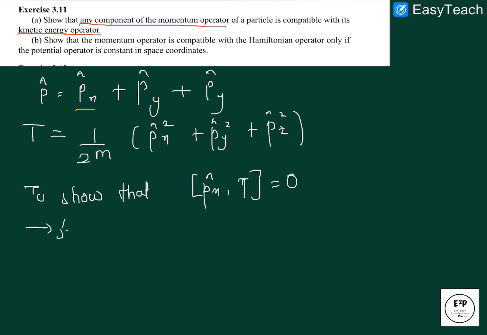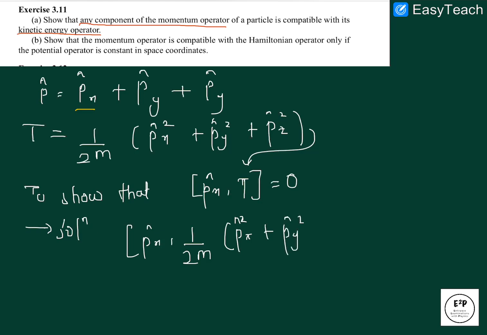Okay, now this solution is px cap and now substitute the value of this T over here. So it's 1 by 2m (px square plus py square plus pz square).